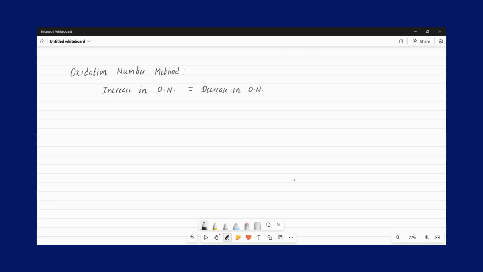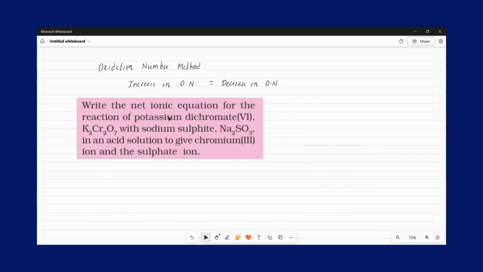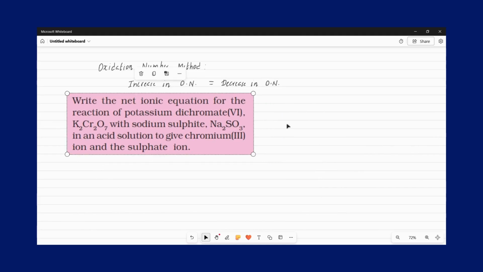I am going to take an example to illustrate how to go about balancing by the oxidation number method. This example is about the net ionic equation of potassium dichromate(VI) with sodium sulfite in acidic solution to give chromium(III) ions and sulfate ions.